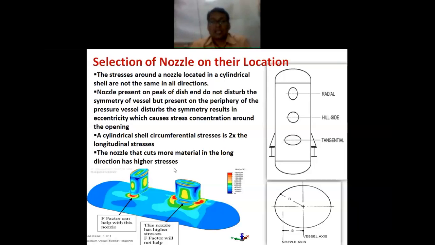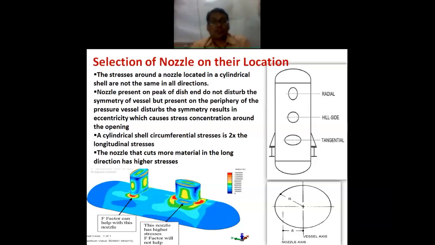You can see this CFD simulation where the nozzle exerts different stresses. The red part is related to higher stress concentration. So these are the stress concentrated points.